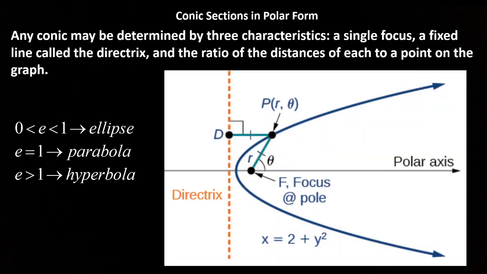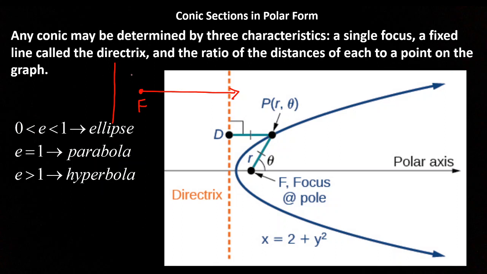So how do we do that? Well, in polar form, all we need is the polar axis. We always put one focus at the pole, and then we work with one directrix. So we can define all the conic sections based on three things, three characteristics: a single focus, a fixed line called the directrix, and the ratio of the distances of each to a point on the graph.